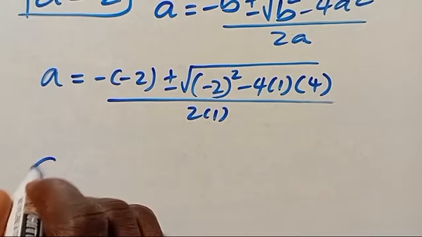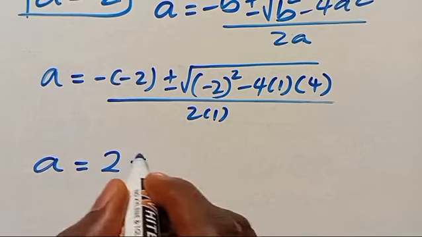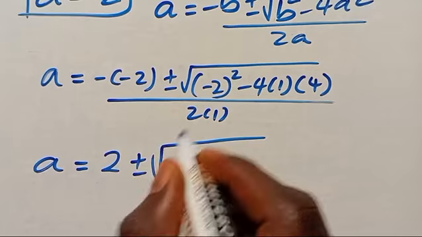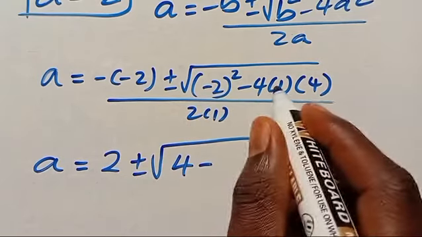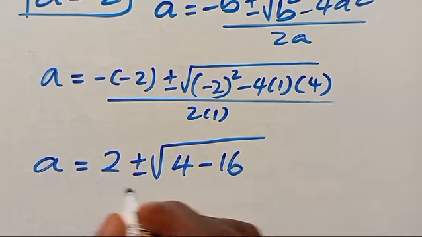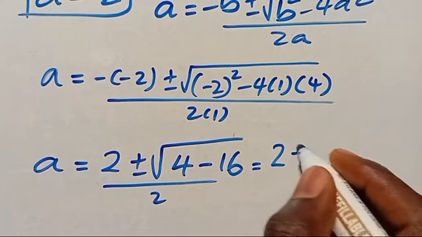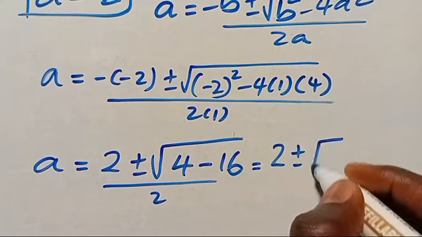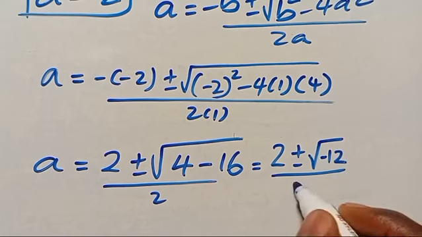So from here we have a equals 2, since minus times minus gives us 2, positive or negative, root of 4 minus 16, because minus 2 squared gives us 4 and 4 times 4 gives us 16, which gives us minus 12, all divided by 2.